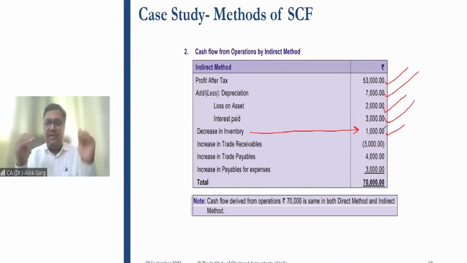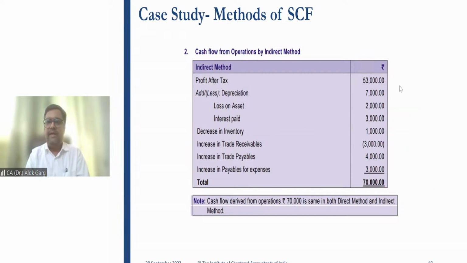This is the actual movement. Increase in trade receivable, increase in trade payable, increase in payable. So net you got 70,000, which is same as the direct method, right? So cash flow derived from operation is 70,000, same in both the direct method as well as indirect, right?